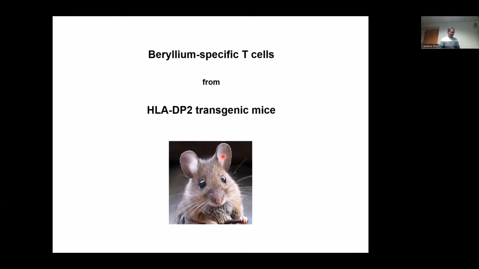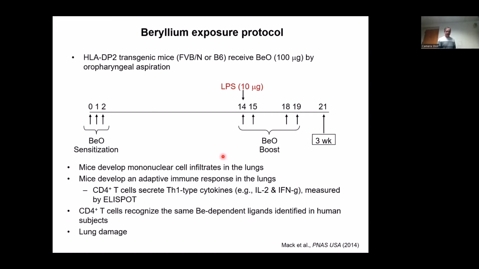So I'm just going to spend 2 or 3 more minutes talking about some of our studies. We have a mouse model of beryllium exposure in an HLA-DP2 transgenic, and the model is a sensitization and boost, where the mice are exposed to beryllium oxide intratracheally, and then euthanized at 3 weeks.